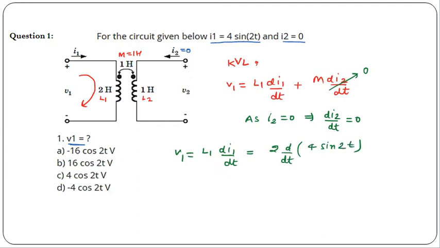We can differentiate this: 2 into 4 is 8, the derivative of sine 2t is cos of 2t, and again the derivative of 2t is 2. So this gives 16 into cos of 2t, and the unit is volt. This matches with option B.